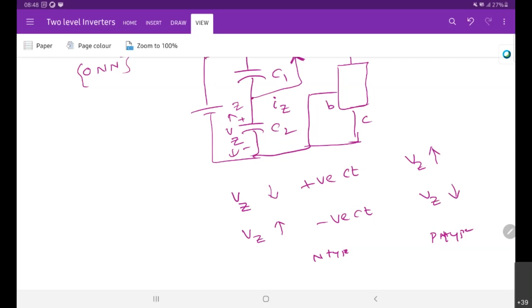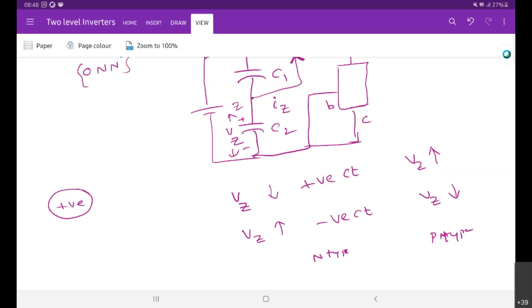So what you understand is that for positive current, P type vector increases the neutral point voltage and N type vector reduces the neutral point voltage, and vice versa for the negative current.